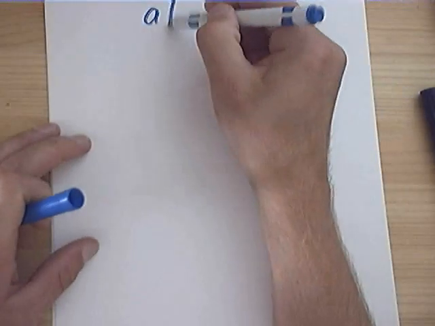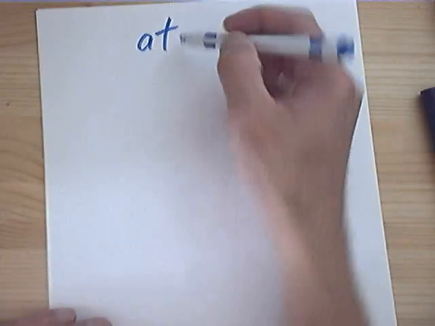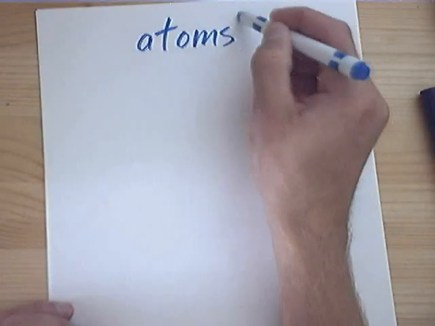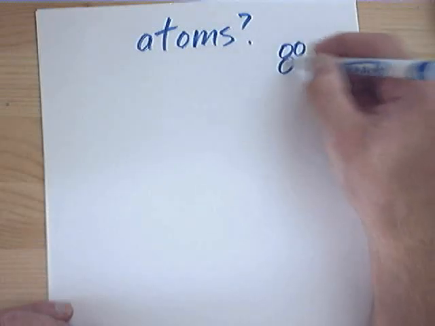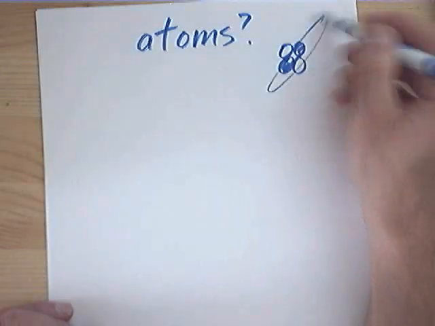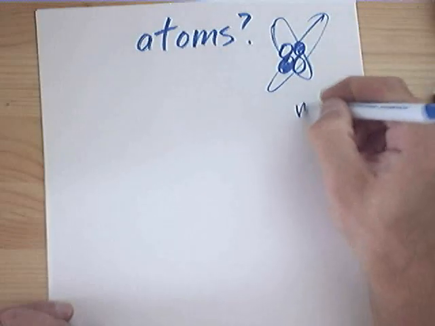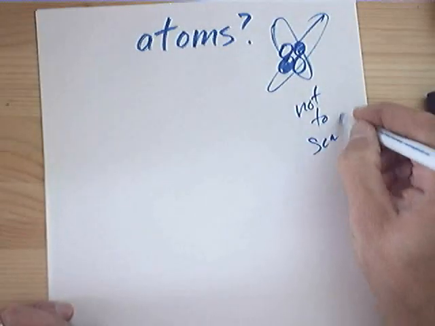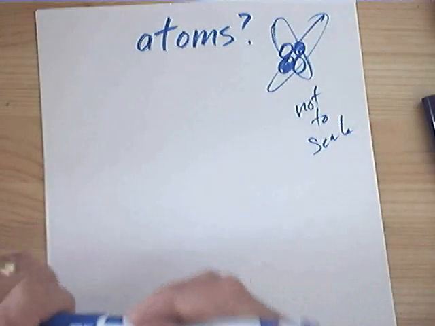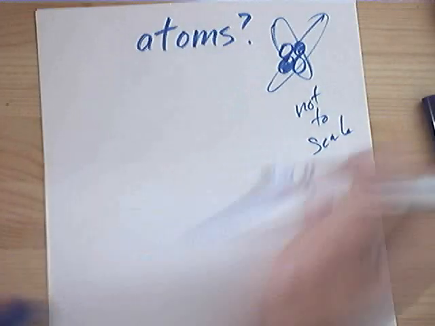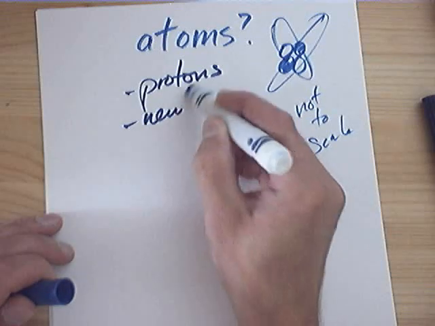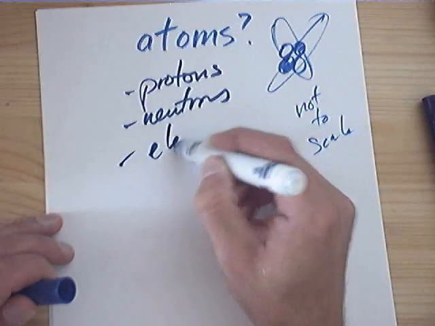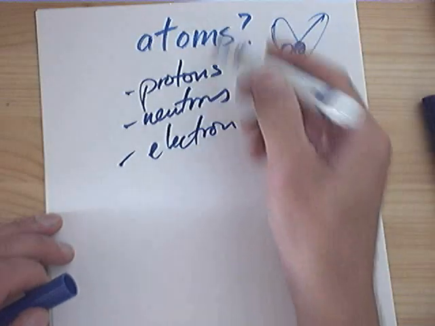Are we talking atoms? How many atoms you have. All right, it's not to scale. Well, what about protons? Or neutrons? Or even electrons? If it's not an atom, it's going to be one of those.